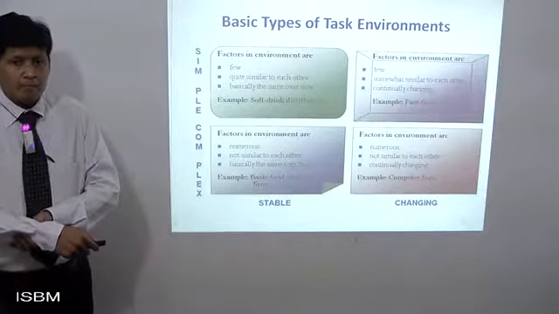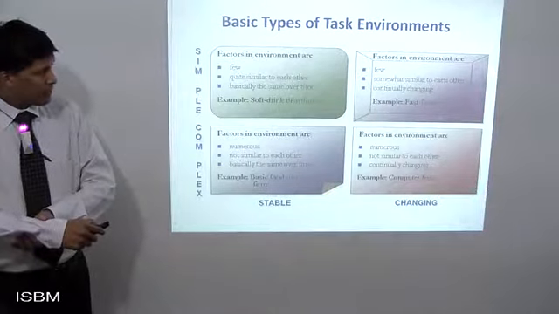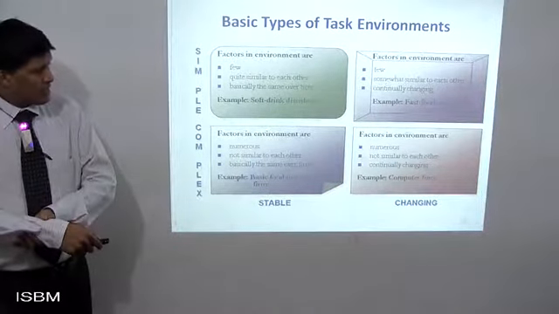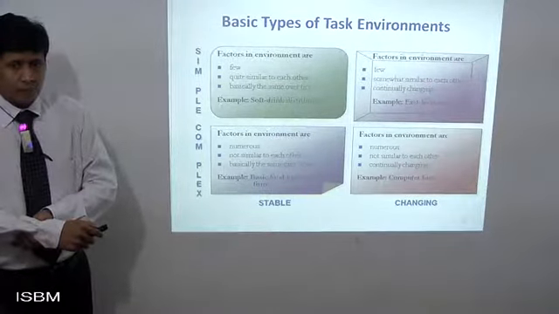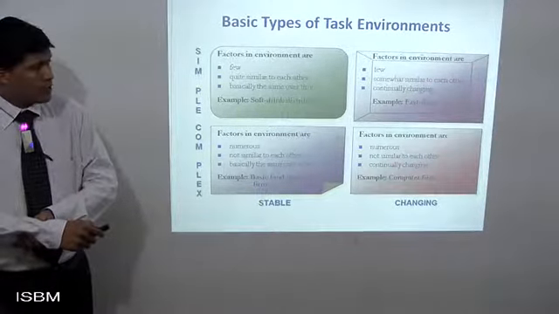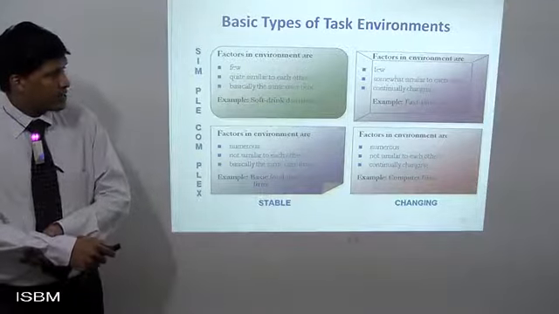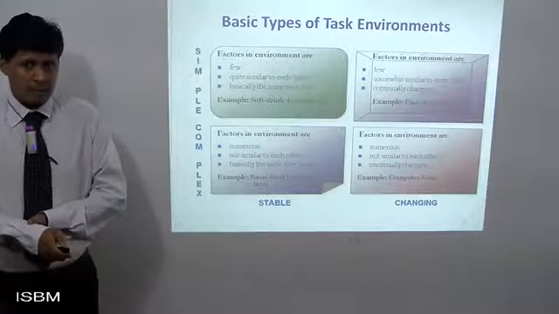Examples are computer firms. The other case is changing yet simple, where factors in the environment are few, somewhat similar to each other, and continually changing. Examples are fast food outlets, simple but yet changing.